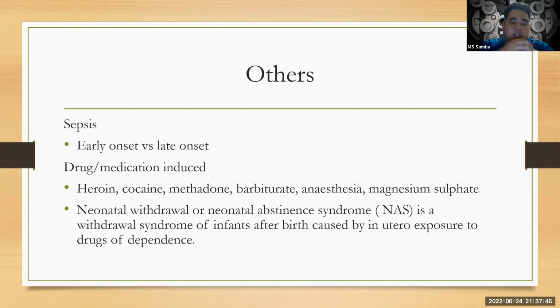This neonatal withdrawal syndrome usually occurs around 24 to 48 hours after birth, when the exposure stops. So for drug or medication induced causes, we need to ask the mother about the history of drug or medication use during her pregnancy.